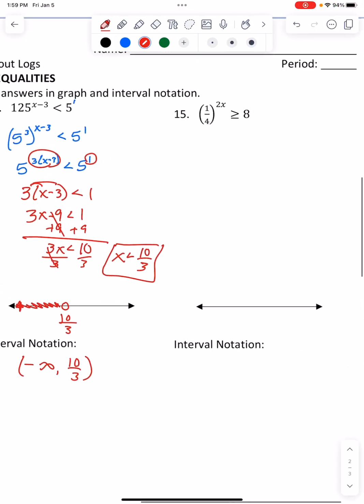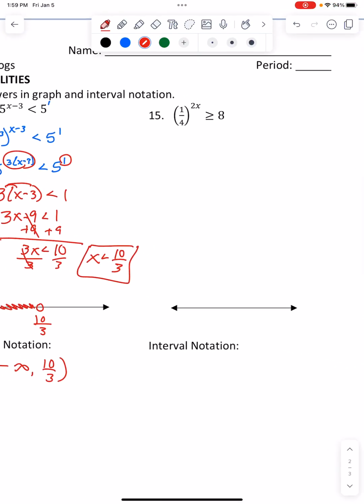Okay, and then our last one, 1/4 to the 2x is greater than or equal to 8. So we got to think about what we can rewrite these things as. 8, we can say is 2 to the third power. And then 1 over 4, 4 can be 2 squared. Okay, but again, we don't want base 1/2, we want base 2.